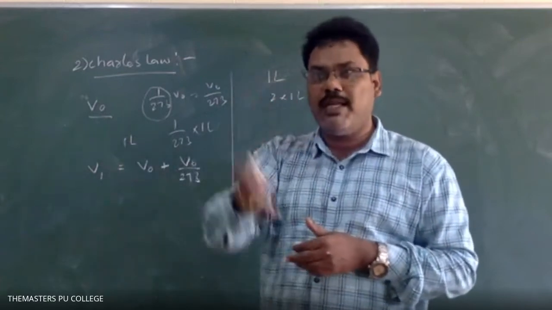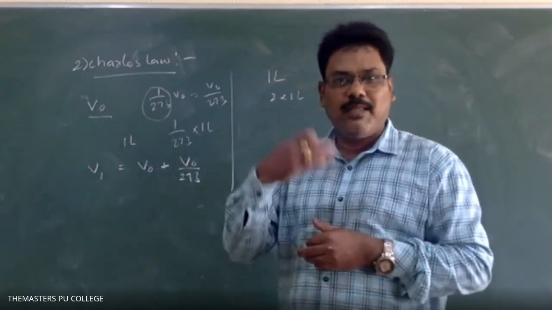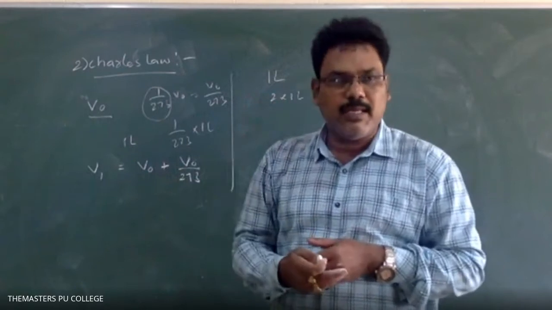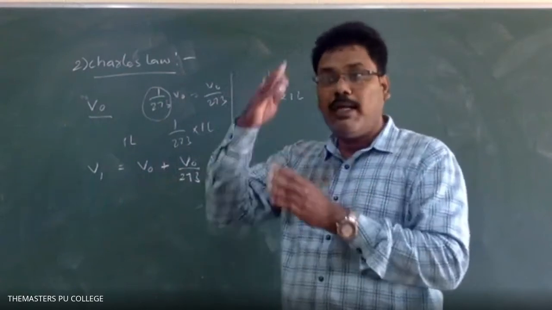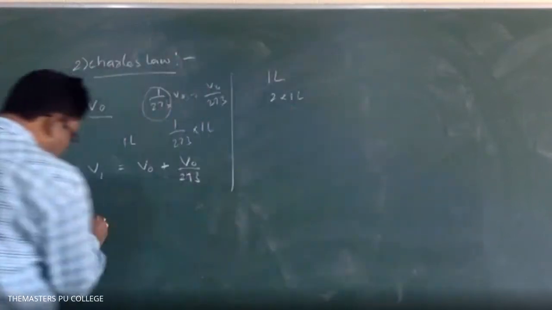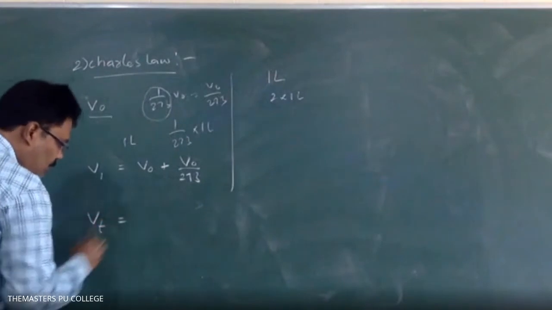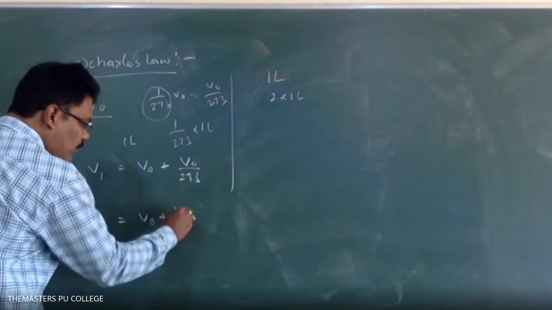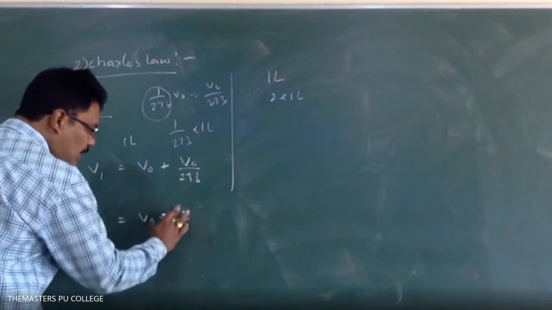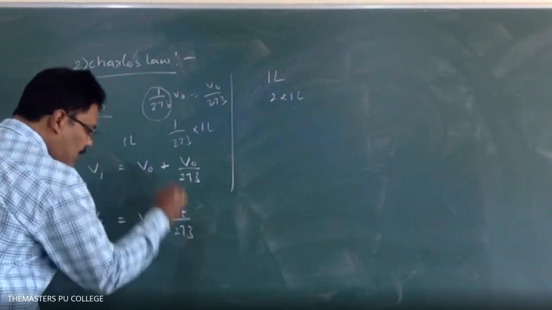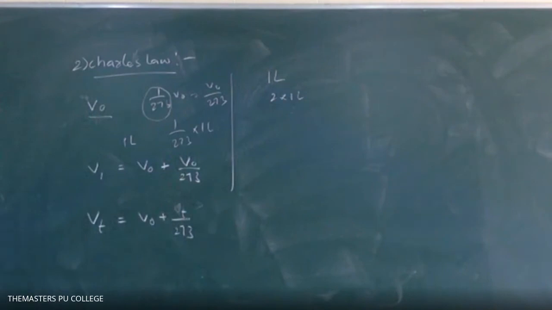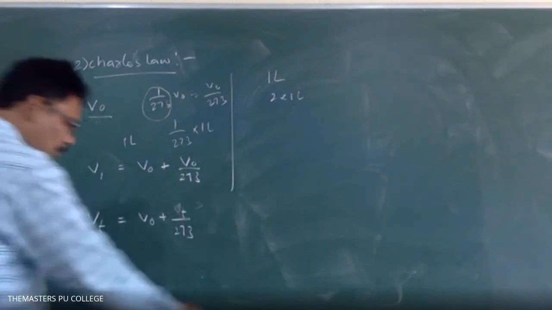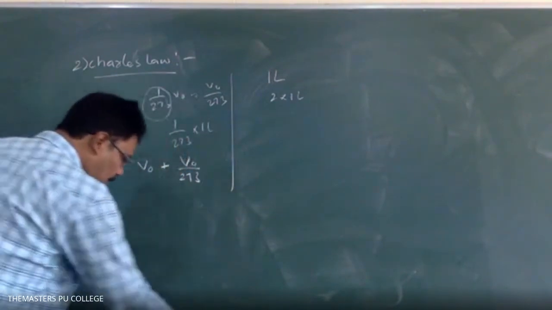If it is 2 degree Celsius, 3 degree Celsius, 4 degree Celsius, like that up to T degree Celsius, then what is the value here? Vt is equal to V0 plus V0 into T by 273. Sorry, for understanding easily you can write like this.